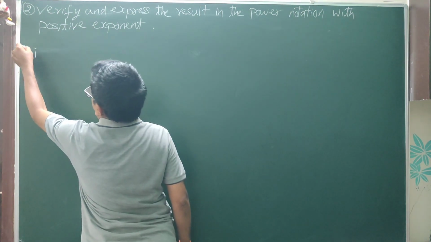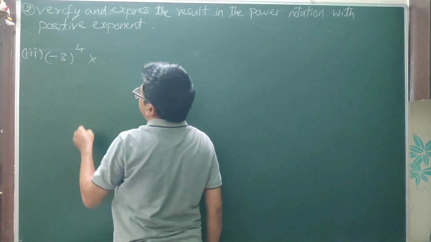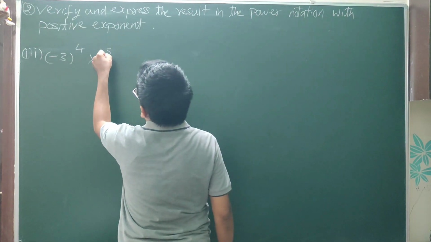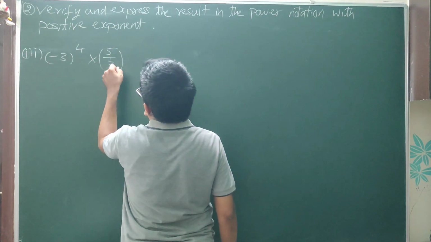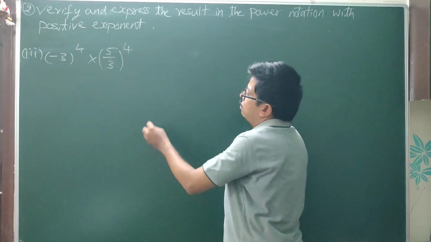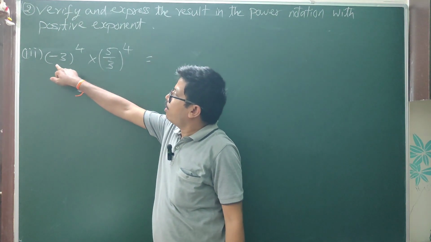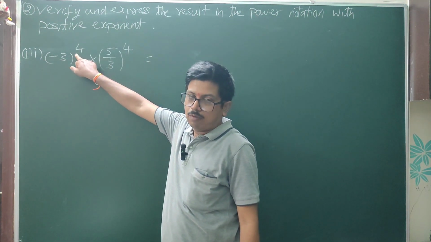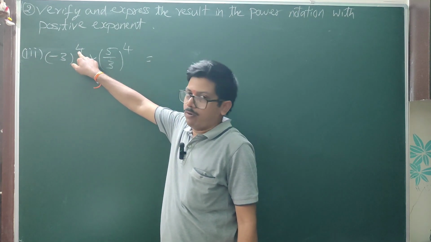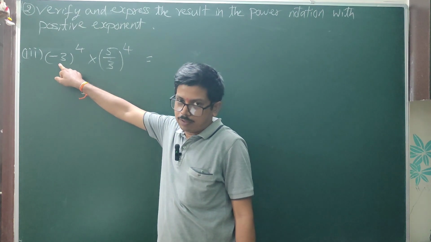Let's go to the third question. Minus 3 whole power 4 into 5 by 3 whole power 4. Now in this we have minus 3 whole power 4, an even power, an even power for a negative base.